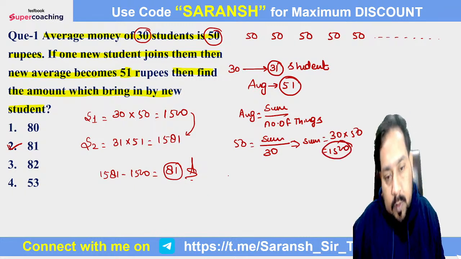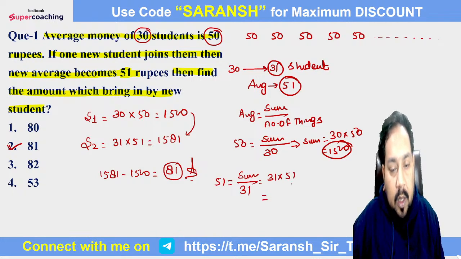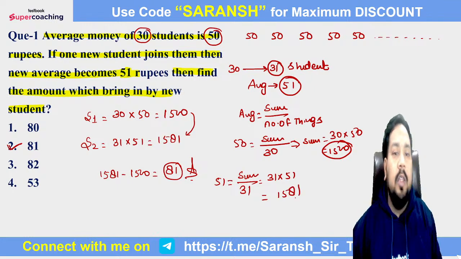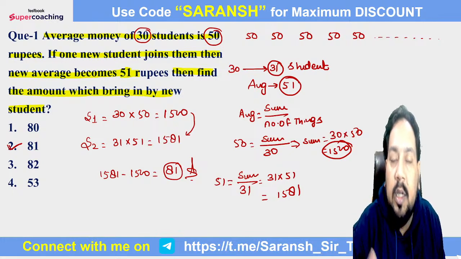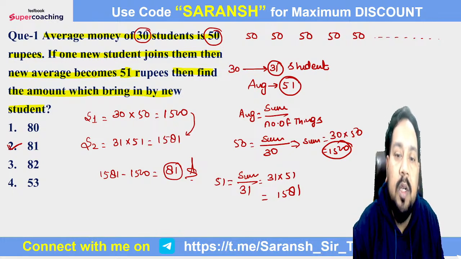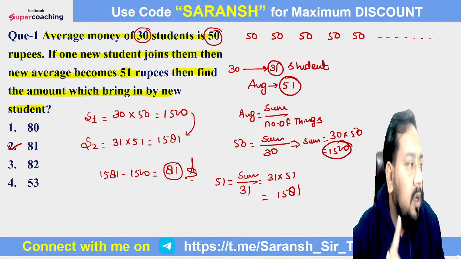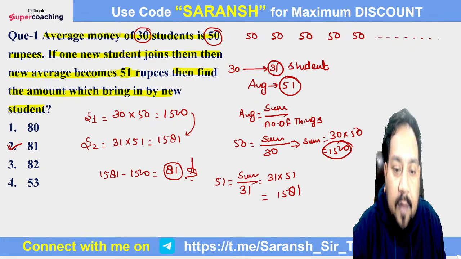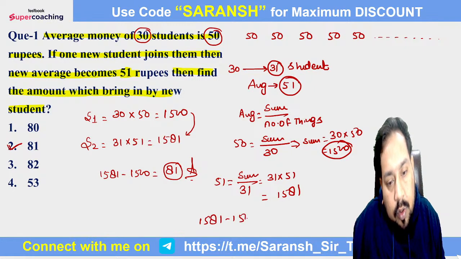And now average is 51, sum we need, and number of things is 31, that is 31 into 51, that is 1581. Now 31 students have 1581 rupees, and 30 students have 1500. It means that one student is having 81 rupees. It is clearly shown. Yes or no?